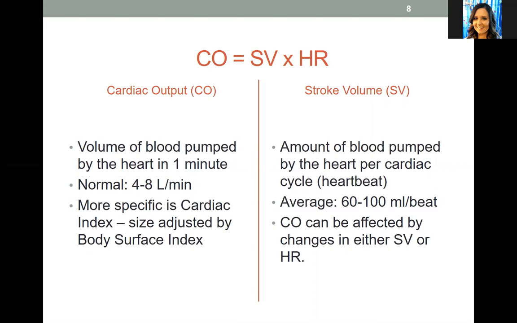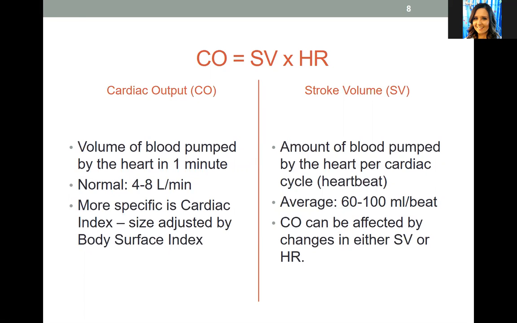It depends on the size of your patient. It also depends on the metabolic needs of the body. So say I'm running a marathon. My metabolic demand is really high, so my cardiac output might be more elevated. Now, if I'm just sitting in class listening to lecture, my metabolic demand may not be that high, and my cardiac output might be on the lower normal side. But normal is 4 to 8.